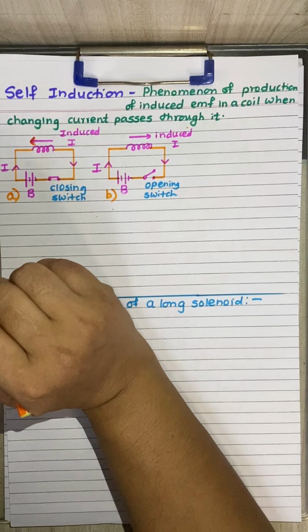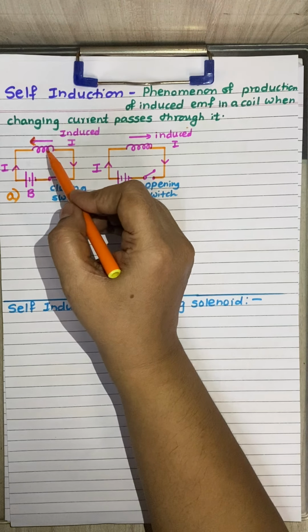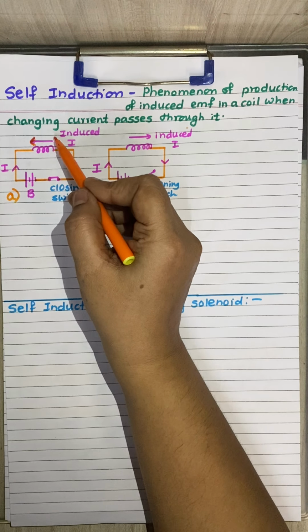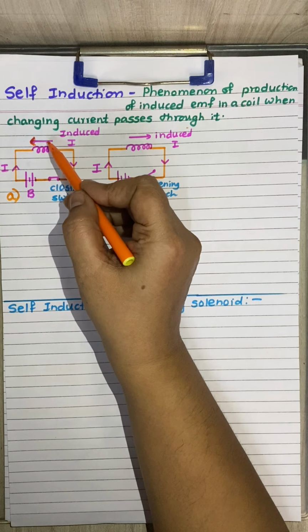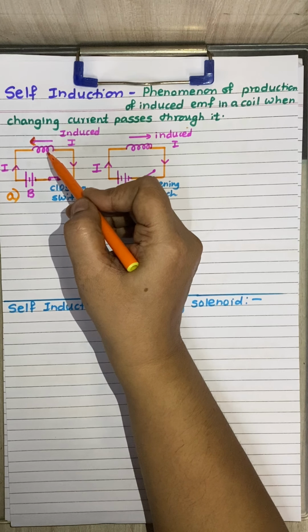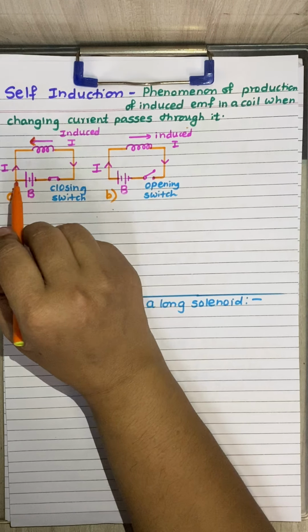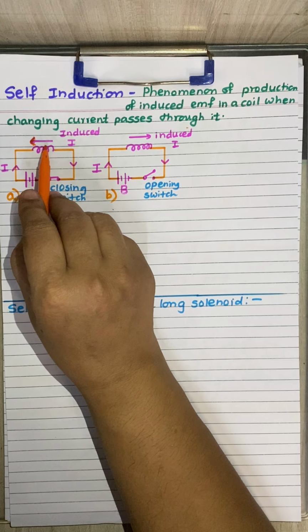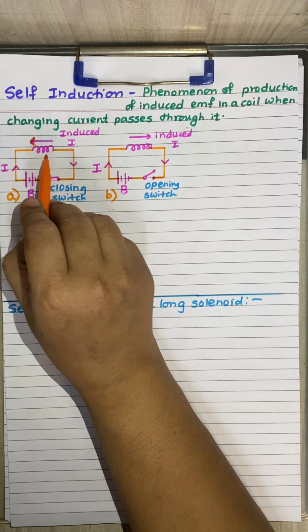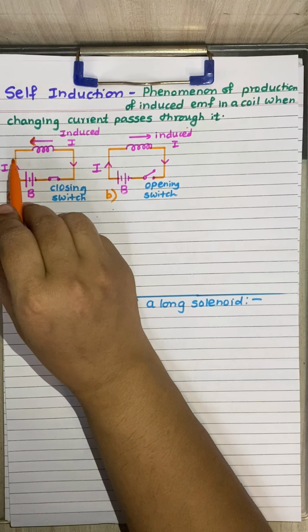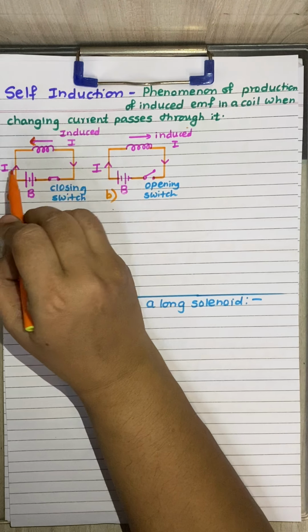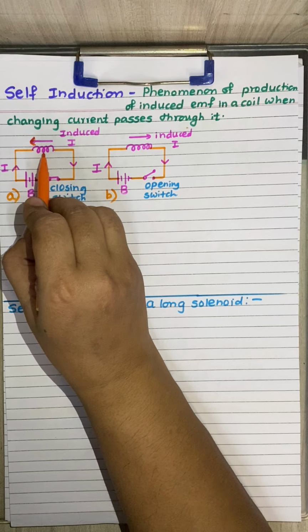Why does it flow opposite to the direction of the battery current? Because it is an induced current, and the direction of induced current is such that it opposes the change which has occurred. Why is the induced EMF or induced current generated in this coil? Because the battery current I is flowing through it, making the coil a magnet and producing magnetic flux.